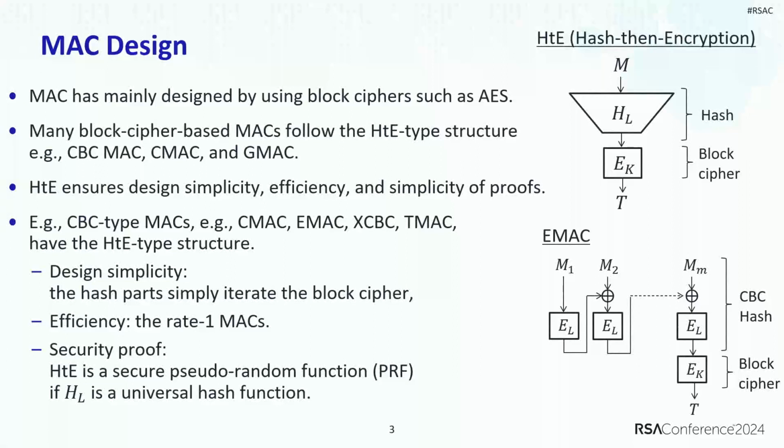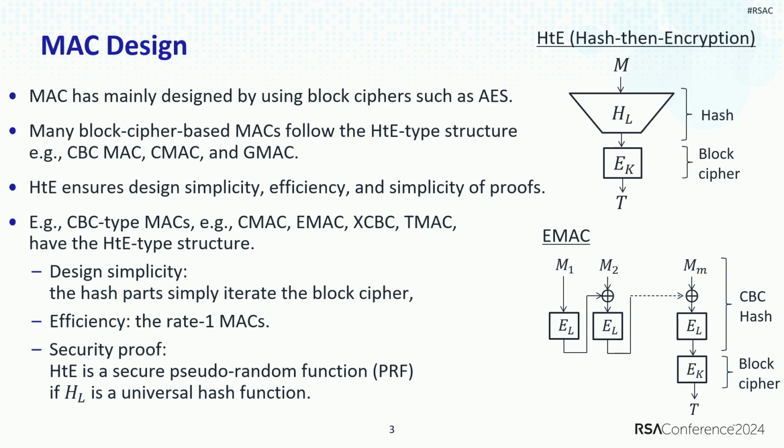Regarding MAC design, MACs have mainly been designed by using block ciphers such as AES. Many block cipher-based MACs follow the HtE type structure, as shown in the right figure. For example, CBC MAC, CMAC, and ZMAC use the HtE structure.